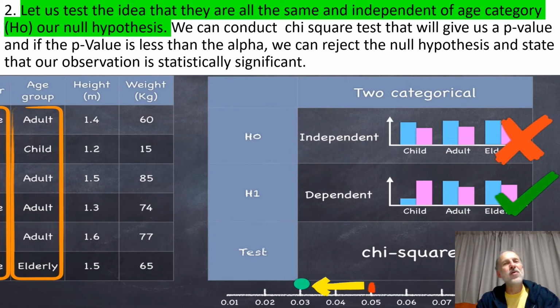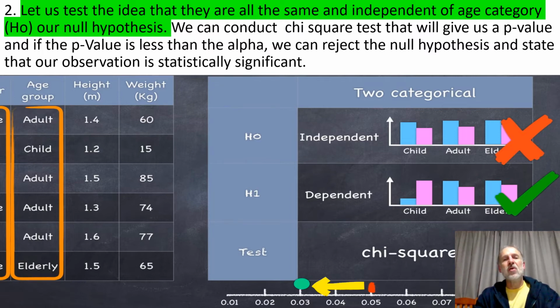In order to do our statistical test, we have to formulate a mutually exclusive statement. And this statement will be our null hypothesis. So we're going to test the idea that they are all the same and independent of age category. That's our null hypothesis.